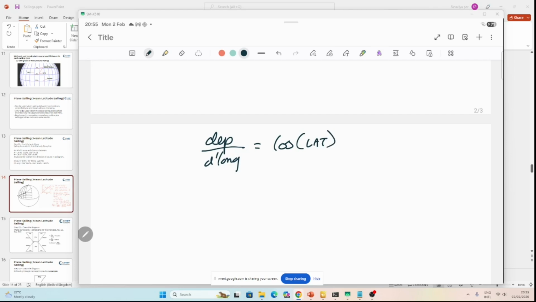Is this correct? This is the parallel sailing formula. Is it correct, guys?